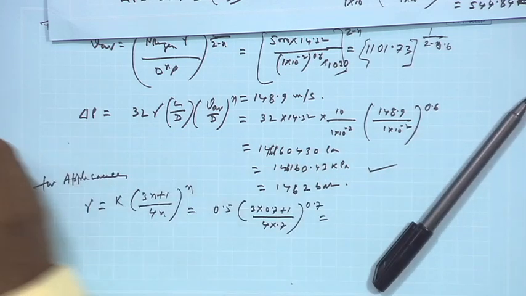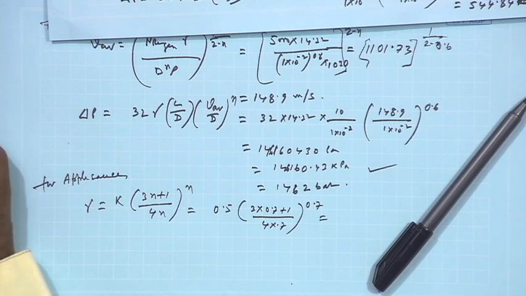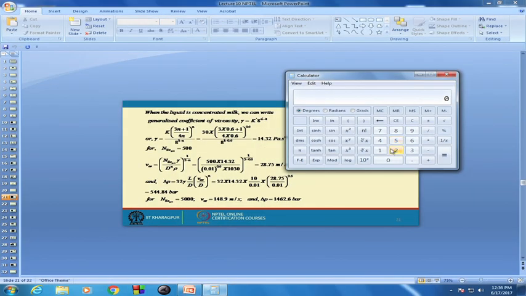So K is 0.5 into 3 into 0.7 plus 1, divided by 4 into 0.7, whole to the power 0.7, which equals 1.073.